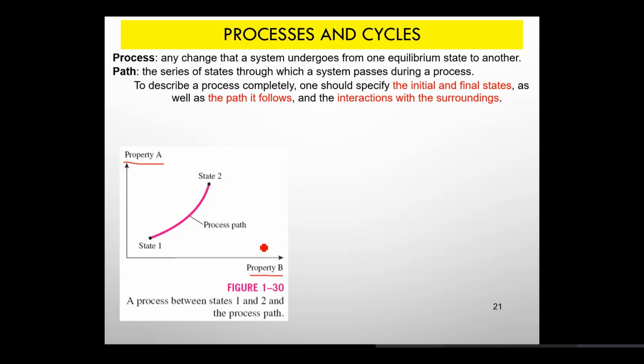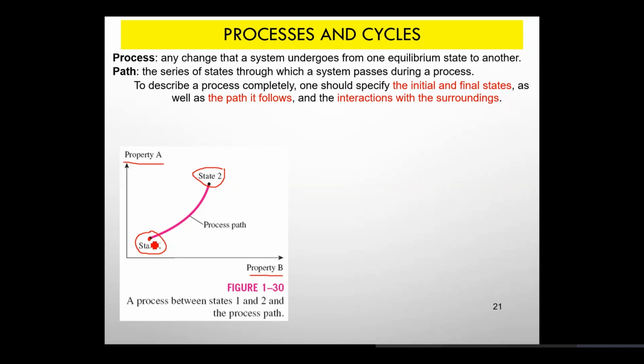So I have chosen property A and property B, which are independent and intensive properties. The coordinates of these properties define a state for me. So this is an equilibrium state. Similarly, state 2 is another equilibrium state defined by property A and property B.